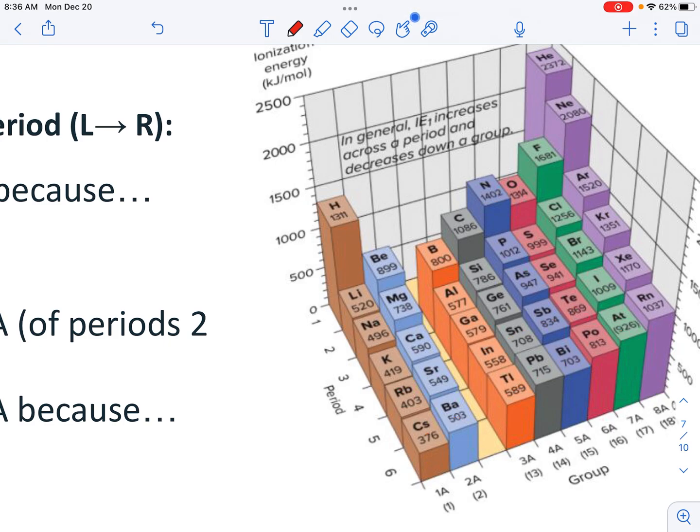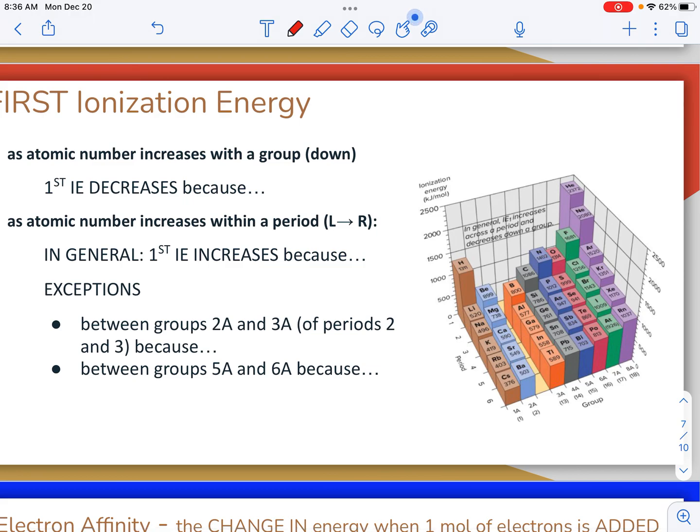There are some exceptions, and I want you to picture those PES graphs, because what we're looking at is that without the extra shielding in periods 2 and 3, when we add the p electron, that p electron is a little bit farther from the nucleus. It doesn't penetrate the nucleus quite as far.